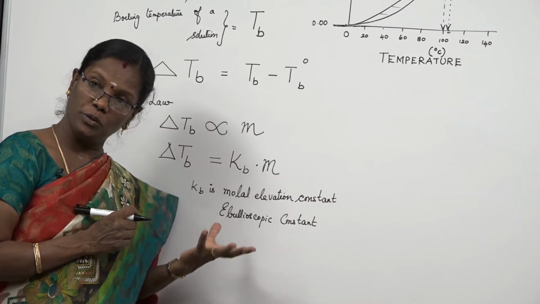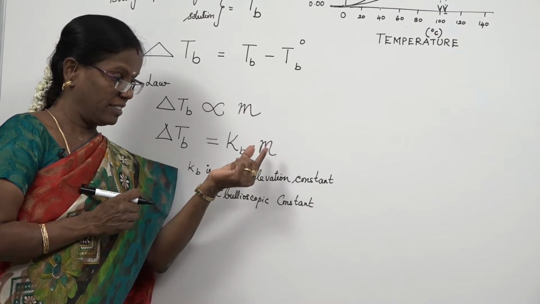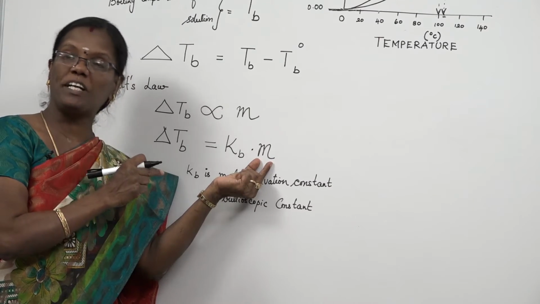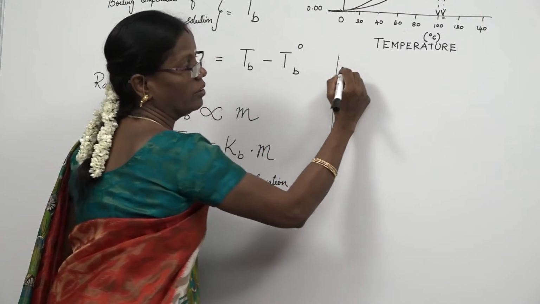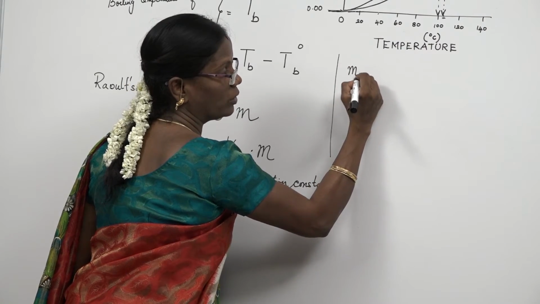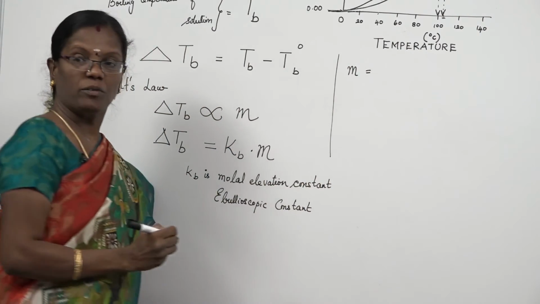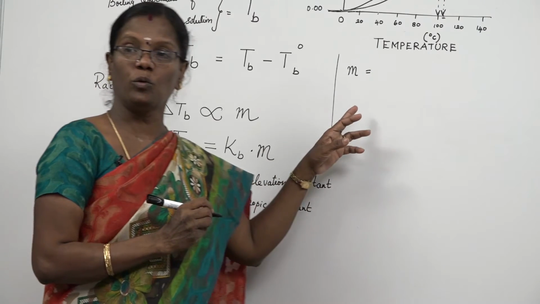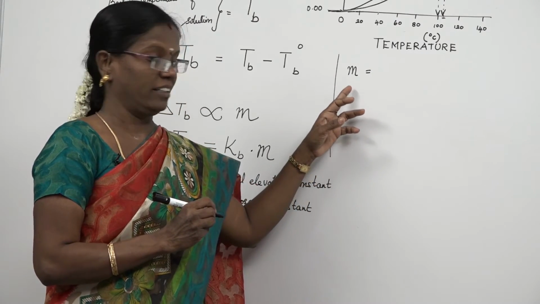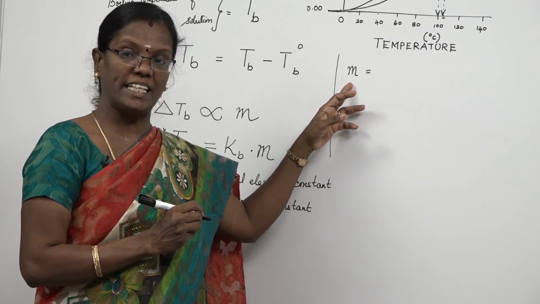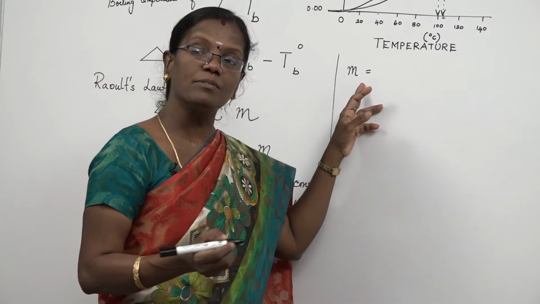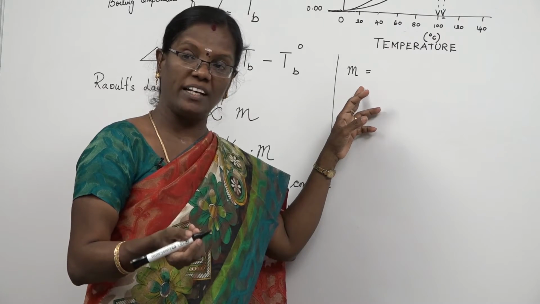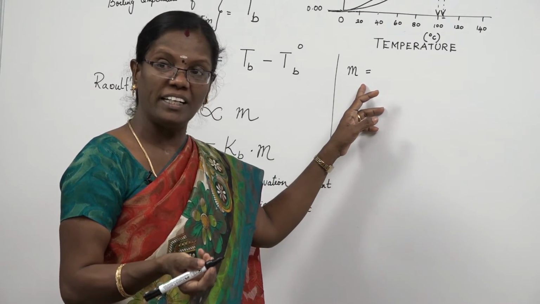Now what we have to do is substitute the expression for molality. I think you all know what molality is. It is actually a concentration term of a solution. We have many concentration terms such as molality, molarity, normality, formality, and so on.